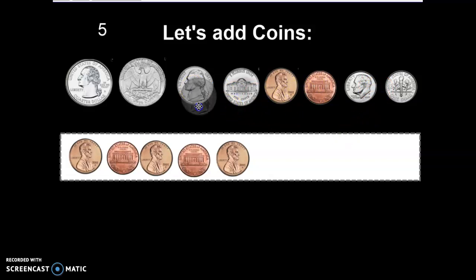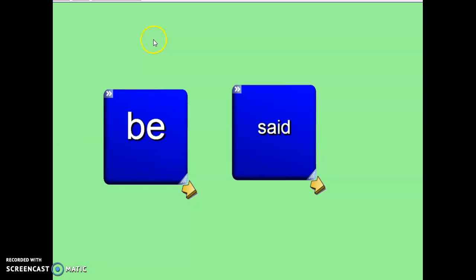You're right. It's the nickel. So you can make 5 cents with 5 pennies, 1 cent, 2 cents, 3 cents, 4 cents, 5 cents, or you can simply make it with 1 nickel. That is 5 cents.